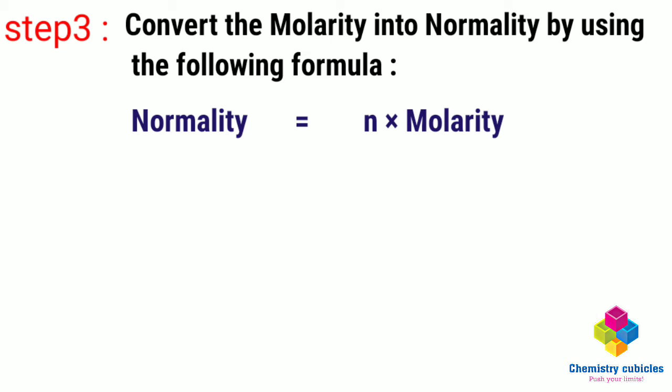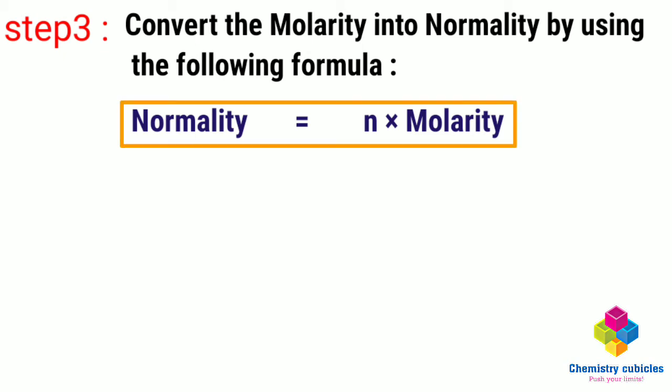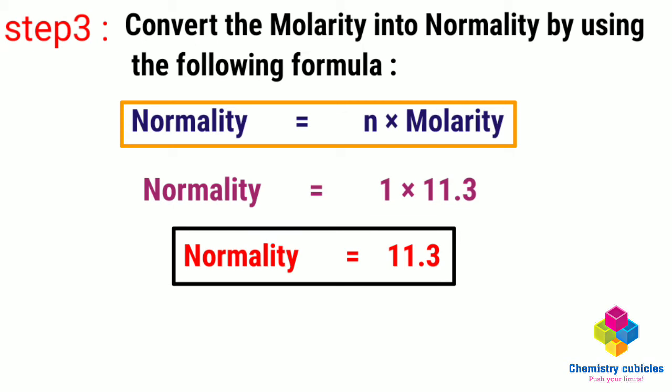Putting the values of equivalence factor and molarity of HCl in the above relation, normality is equal to the equivalence factor, which is 1 in the case of HCl, multiplied by the molarity, which is 11.3. Hence, normality comes out to be 11.3.